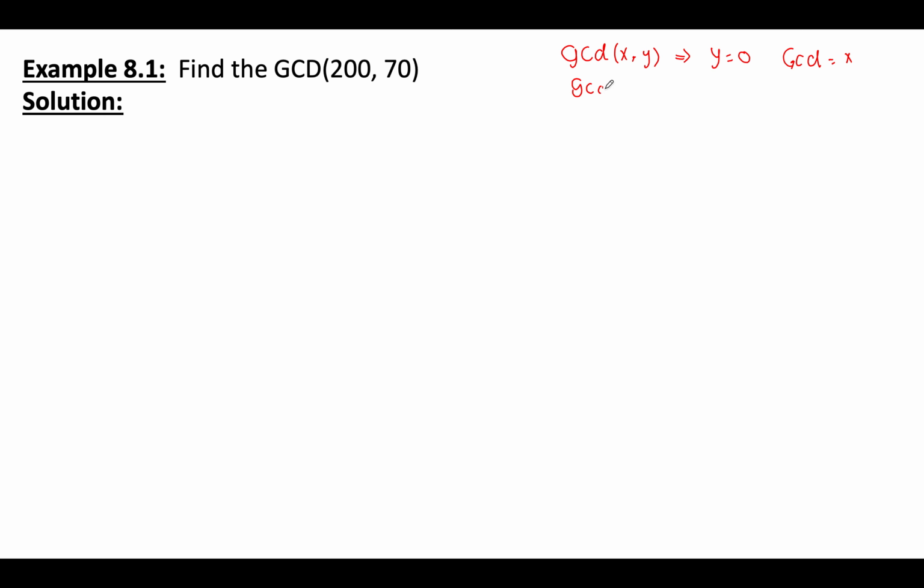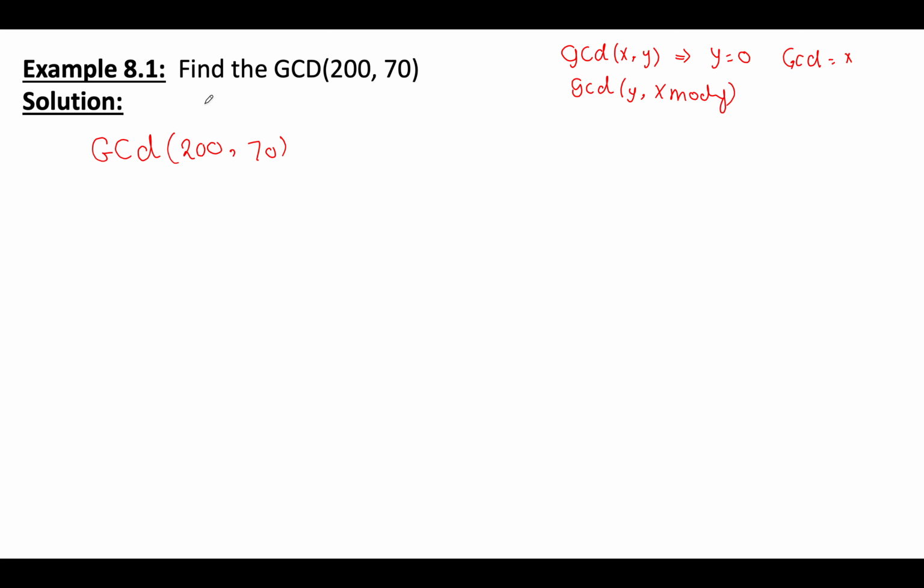Otherwise, all we need is to take y, put it in the front, and then find the value of x mod y. We'll keep doing this until we reach y equal to 0.